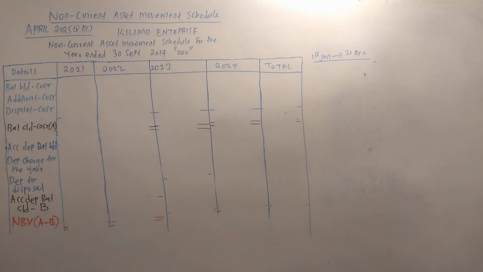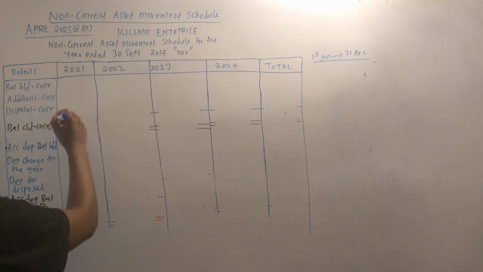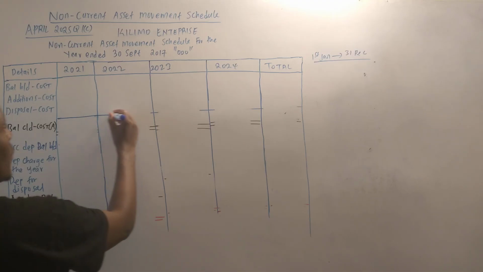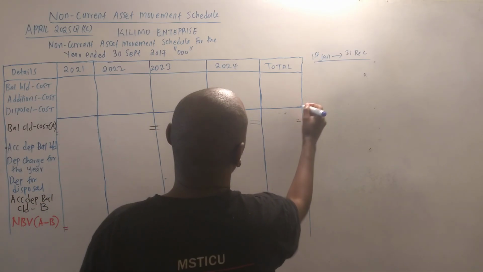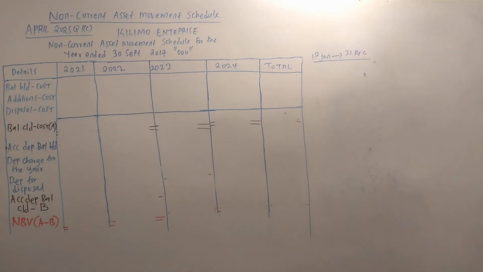So we are not going to use the name of the asset in this case. You'll be very keen, because some questions require you to use the number of assets.